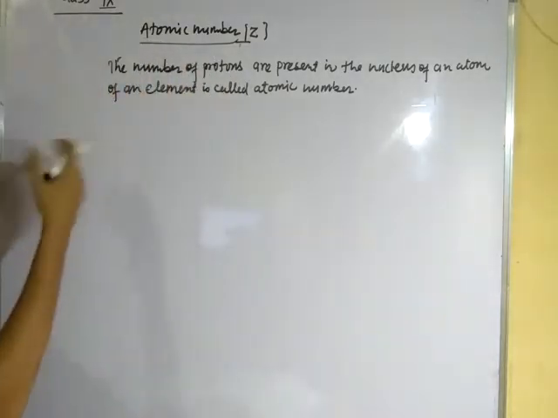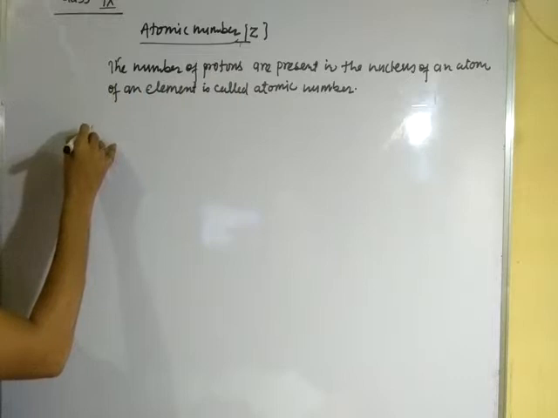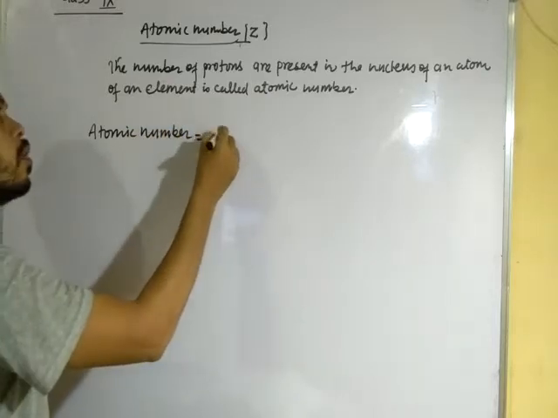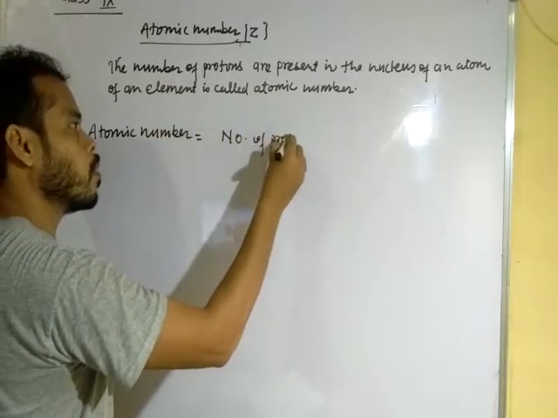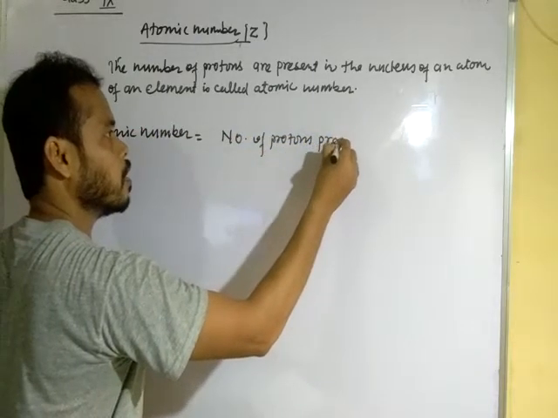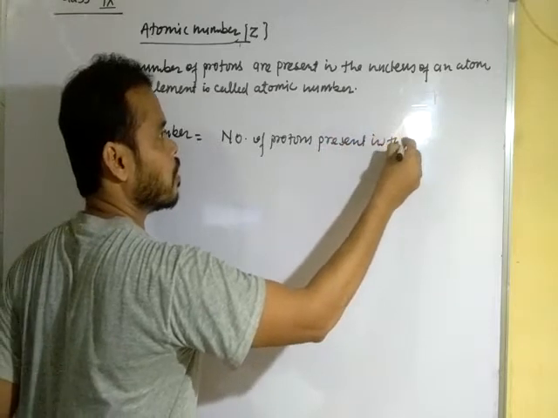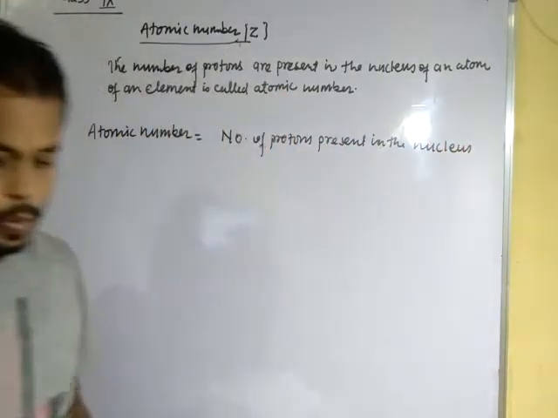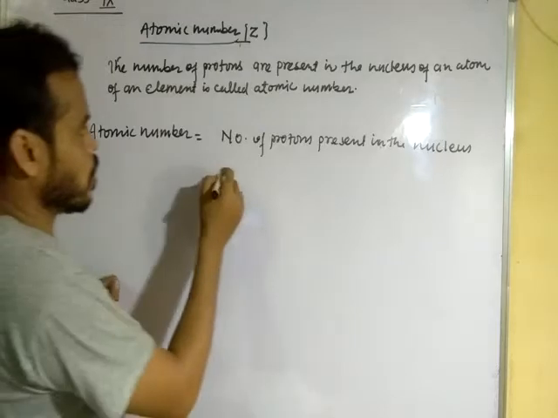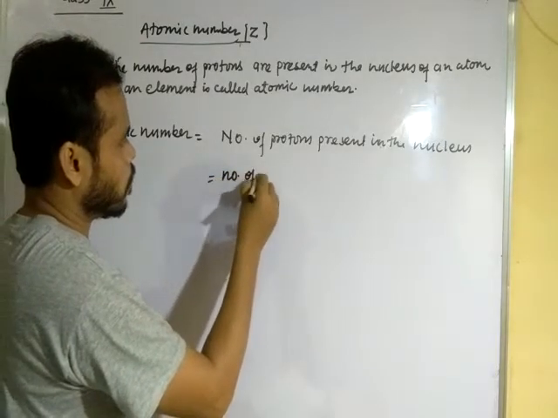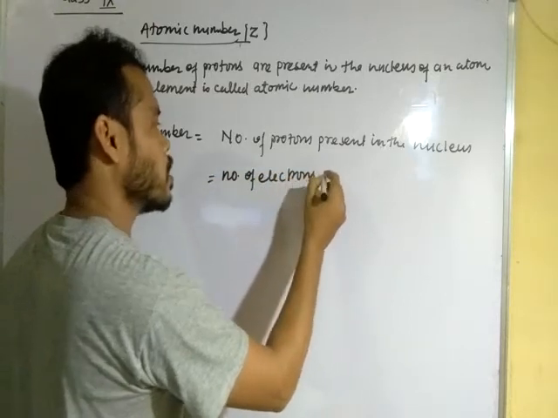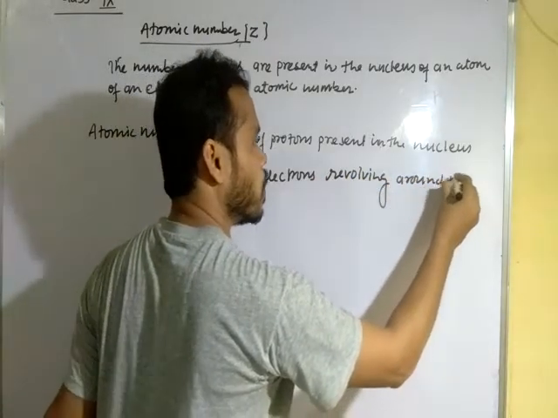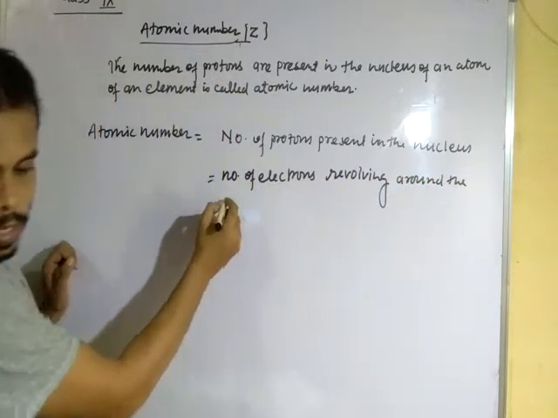So we can write a formula: atomic number is equal to number of protons present in the nucleus, which is equal to number of electrons revolving around the nucleus.